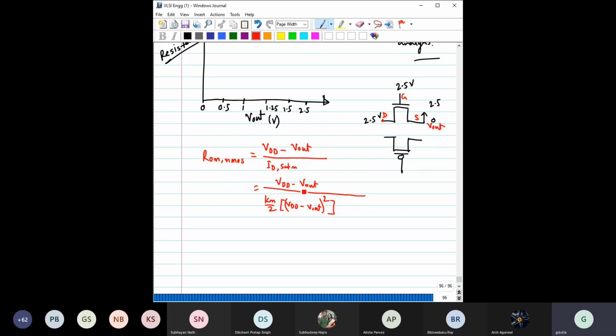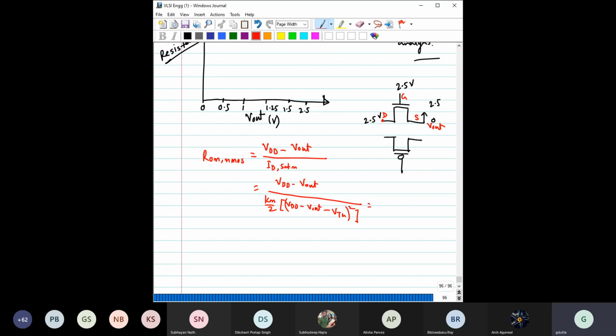Minus VTH here also. True. So this is basically VGS minus VTH, that squared. Is it correct now? Yes, sir.